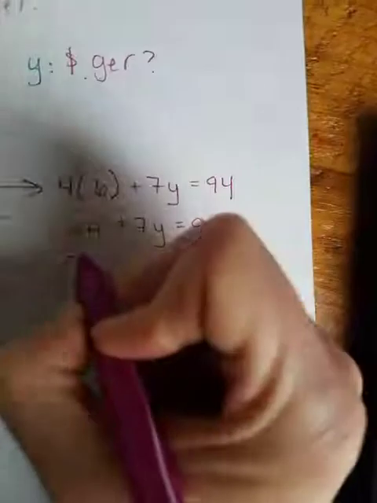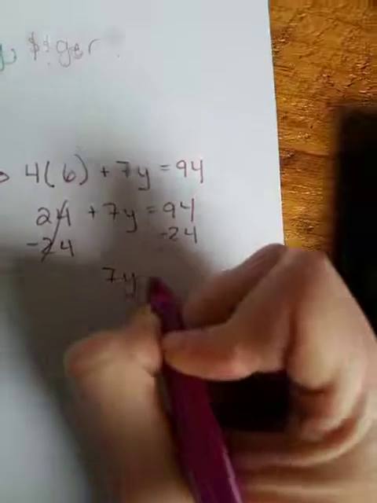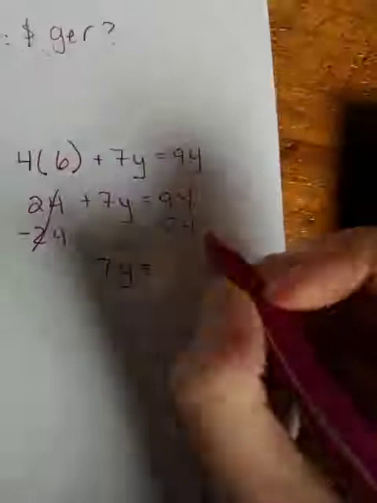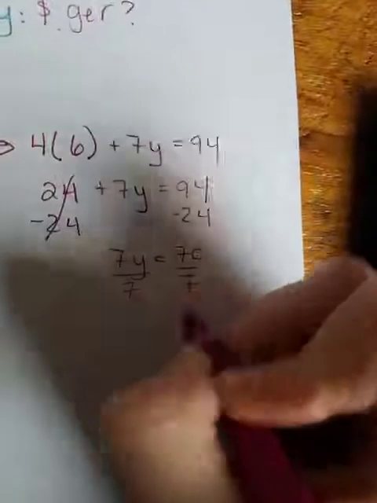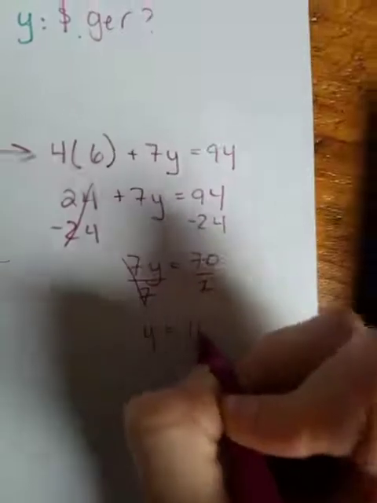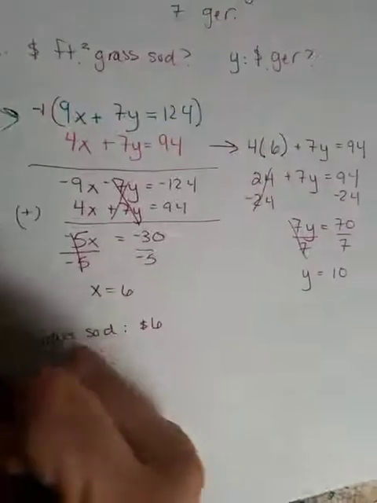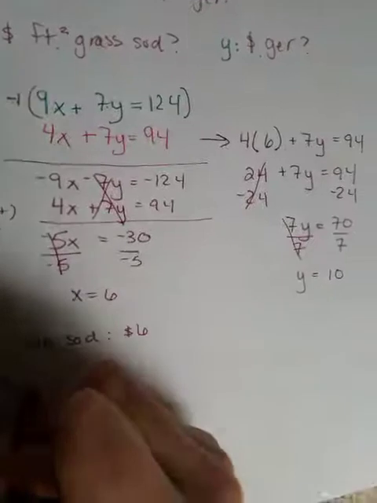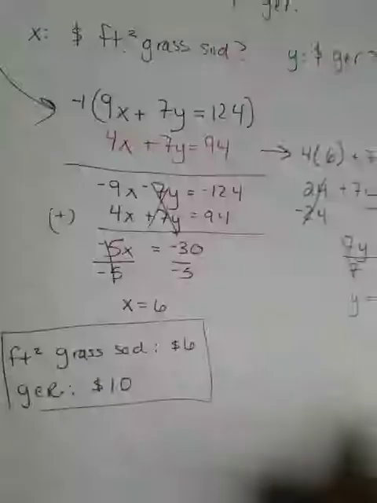So I'm going to subtract 24 from both sides. 94 minus 24 is 70. You'll divide both sides by 7 to get that y is 10. So that means the geraniums cost $10. And there is your answer.